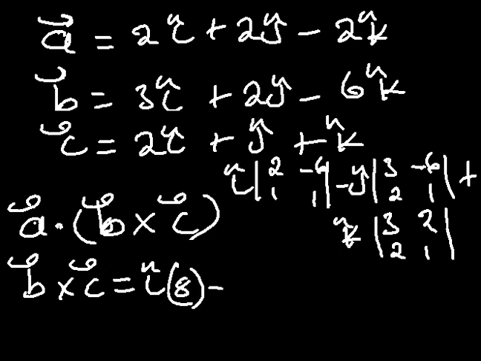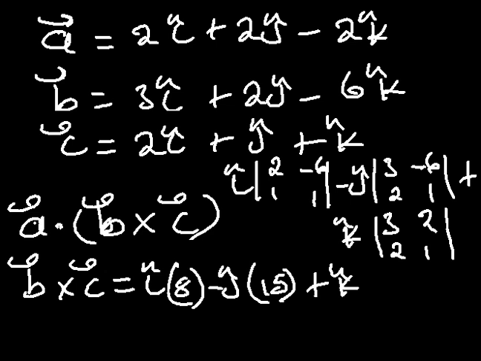That will be that, minus j, and then 3 times 1, that is 3, then 2 times negative 6, that is negative 12. So 3 minus negative 12 will be 15, a positive 15.